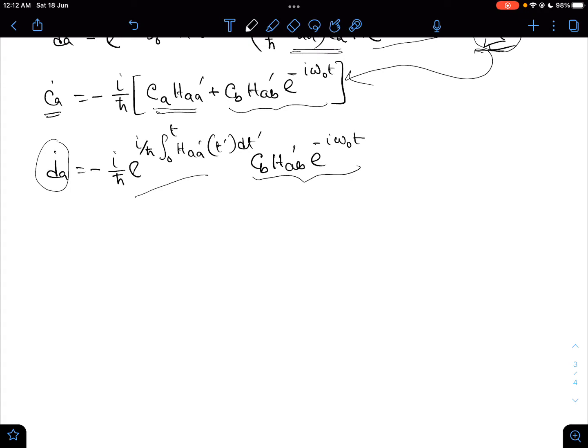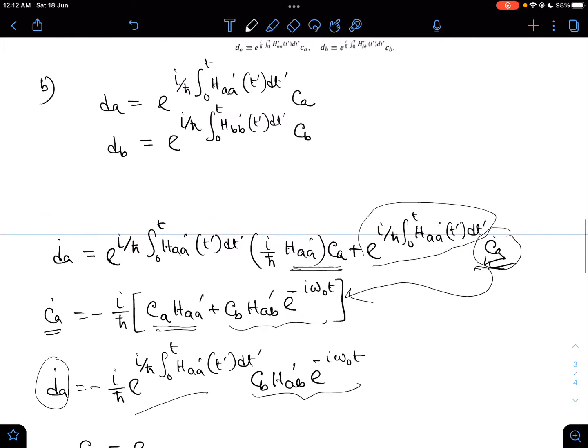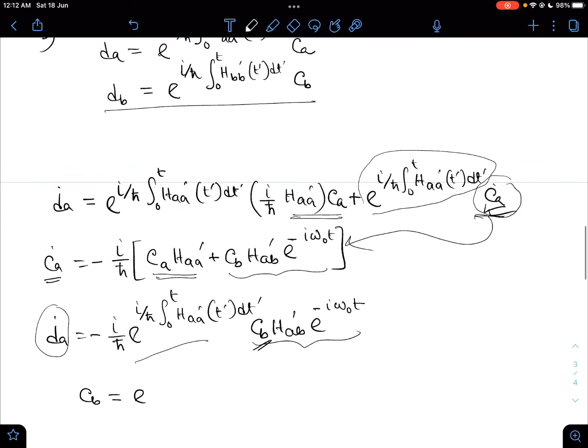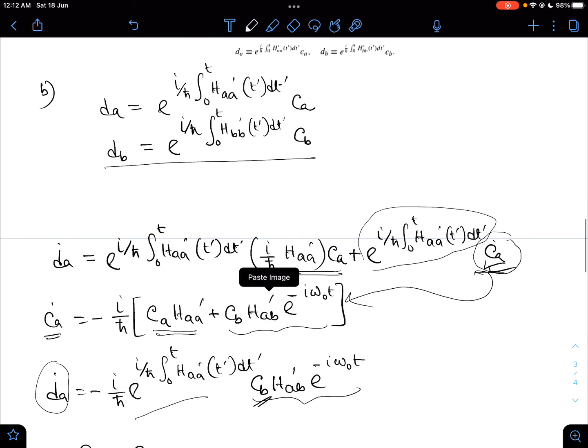But we know that, since d_A is this and d_B is this, we can replace C_B with d_B. So C_B is basically e^{-(i/ħ)∫ from 0 to t of H_bb'(t') dt'} d_B.